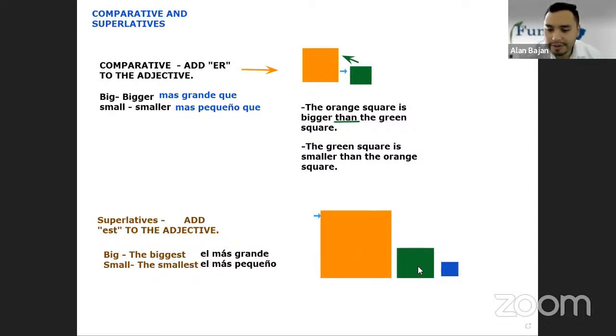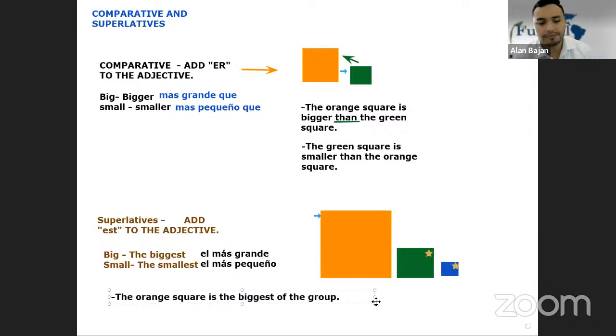I will compare it to the green and the blue one. So the sentence will say, the orange square is the biggest of the group. What means the biggest? The biggest of the group.